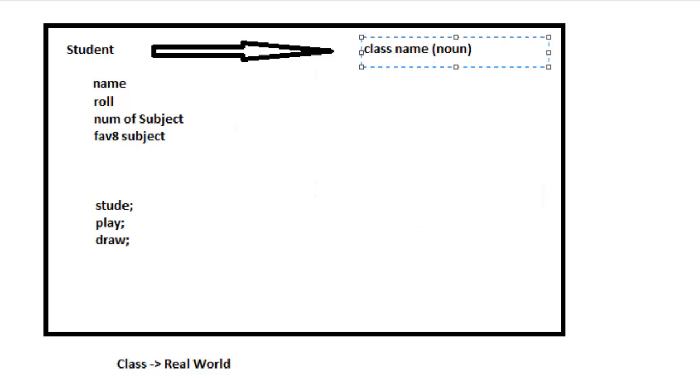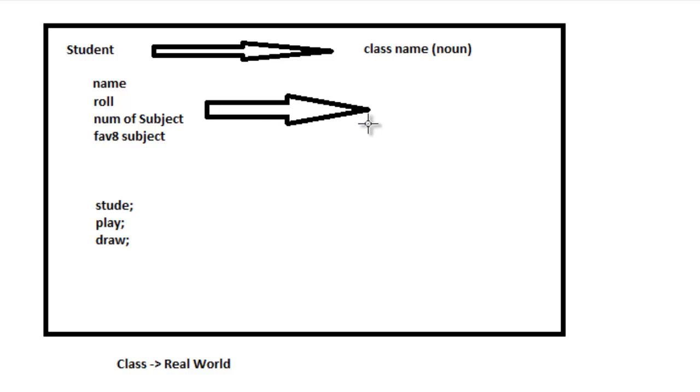Now we have the characteristics of the student: a name, a roll number, the number of subjects taken by the student, and the student's favorite subject. These are the characteristics of the students, or what we call the state, or member variables.